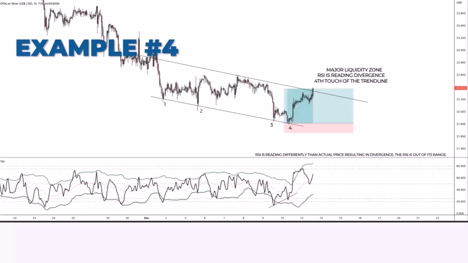That's a way that you can speed through your analysis by just not spending any time on things where the TDI is just not ready. And it will take a little bit of time to keep going through it to adjust your eye to seeing this over and over again. And it happens multiple times in a day, every day. So there's plenty of opportunity to find it once you get good at detecting it.